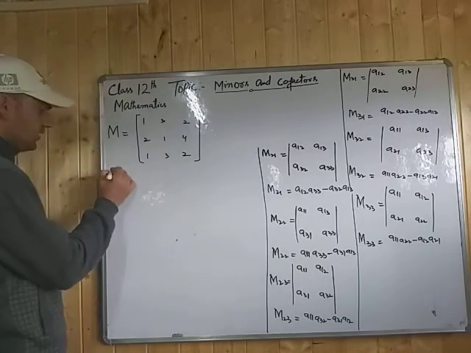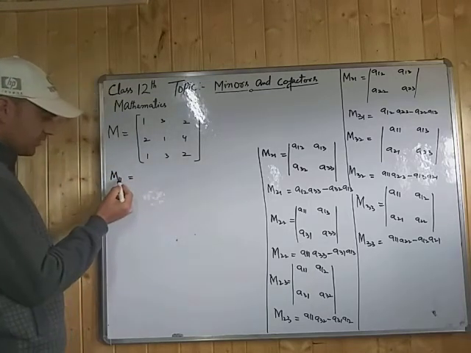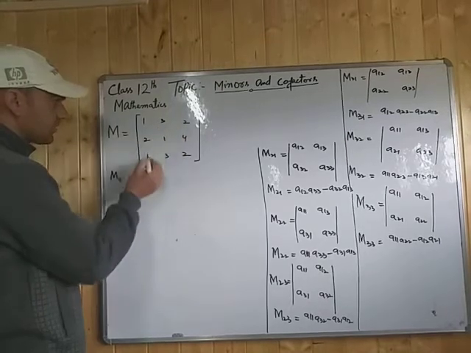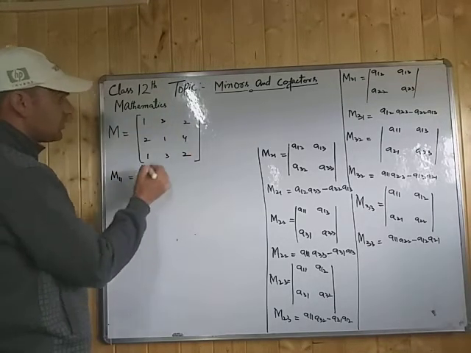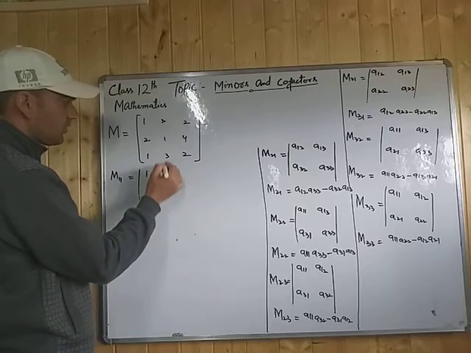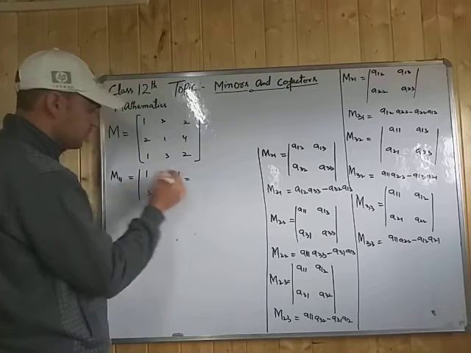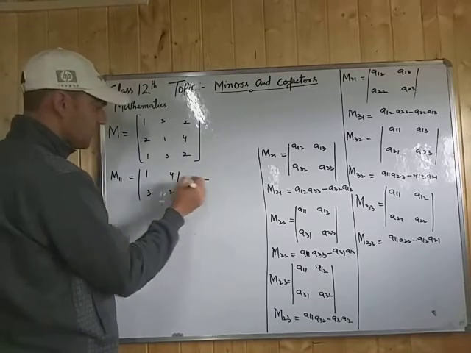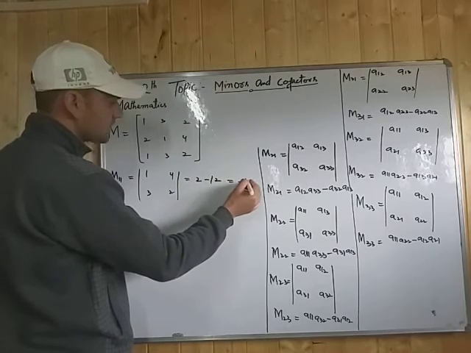First of all, M11 means by deleting first row and first column, we get 1 4 3 2. So that is equal to 2 into 1, that is 2, minus 4 times 3, which is 12. So that will be equal to minus 10.